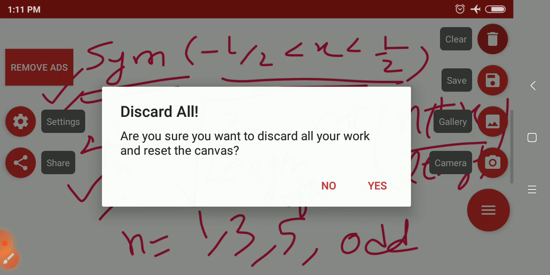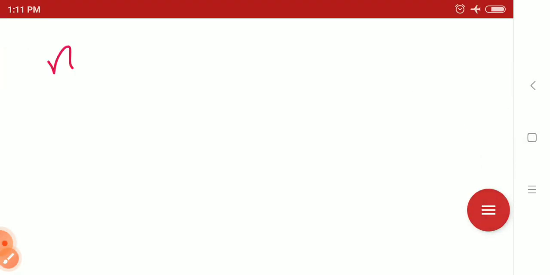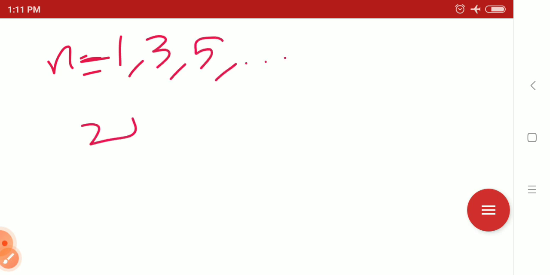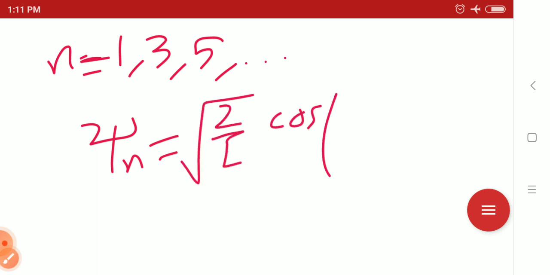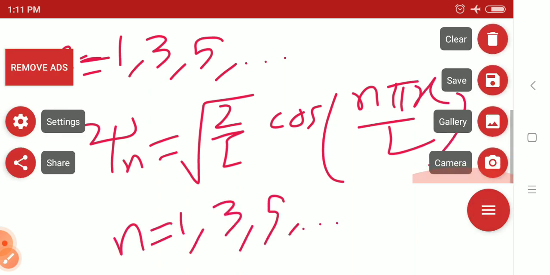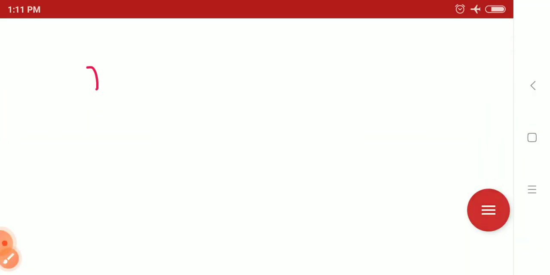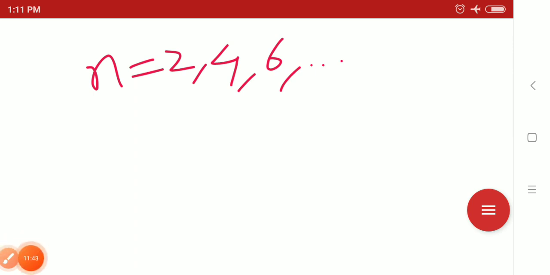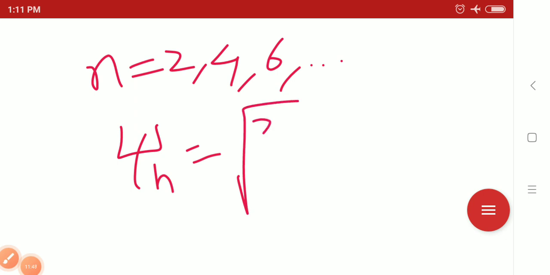So for the symmetric square potential, for n equals 1, 3, 5, the nth state wave function will be root over 2 by L cos n pi x by L. Otherwise, whenever n equals 2, 4, 6, the wave function will be root over 2 by L sine n pi x by L.